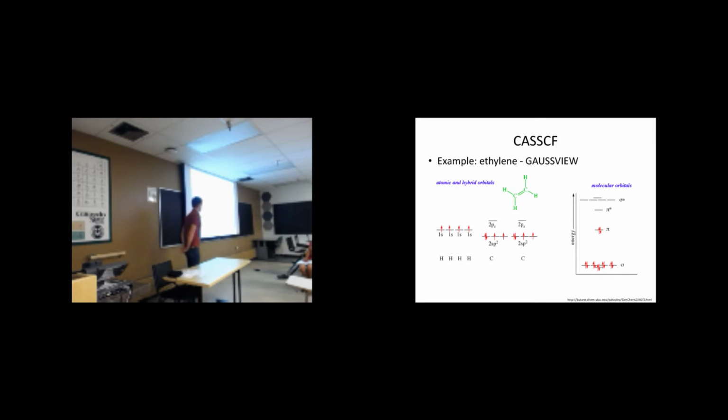Pi to pi star transition. Good. We would anticipate, because this energy difference is much smaller than that energy difference, that it will most likely be lower energy to see a pi to pi star transition.